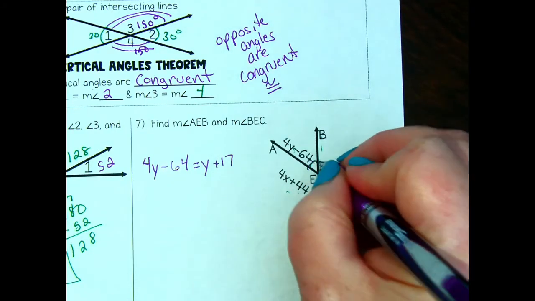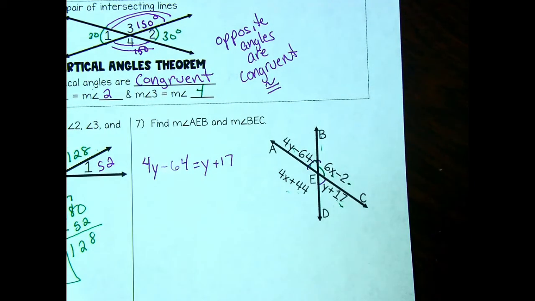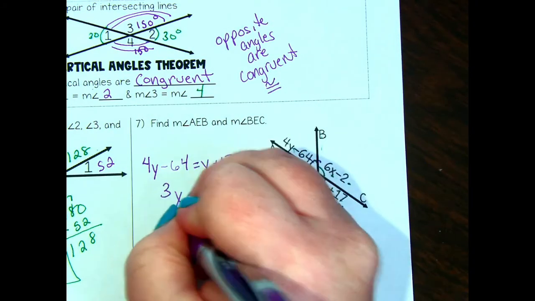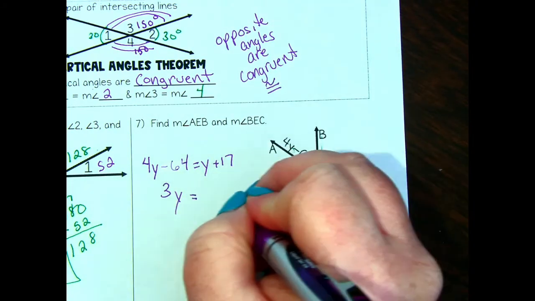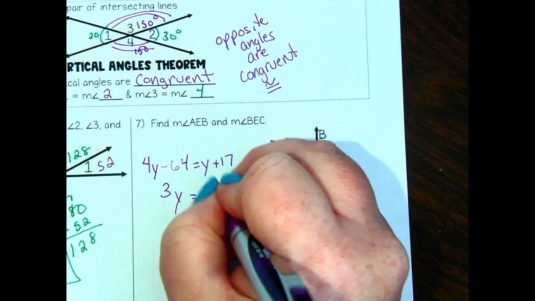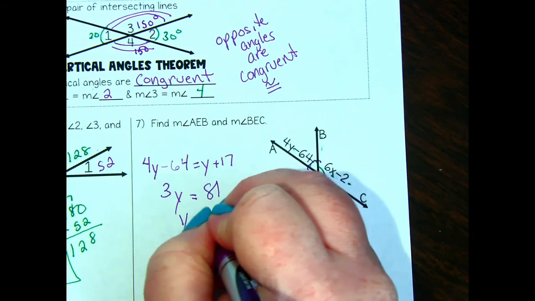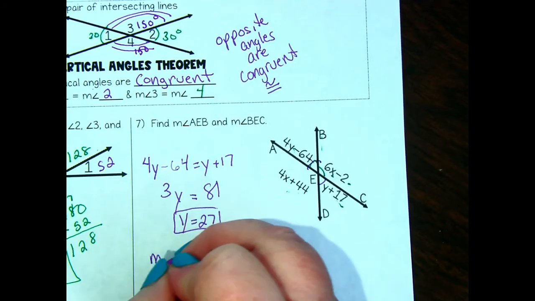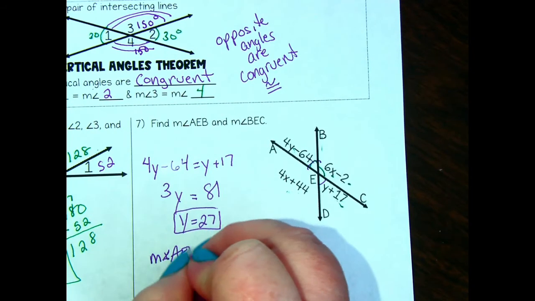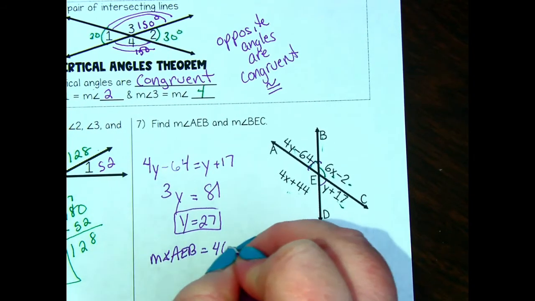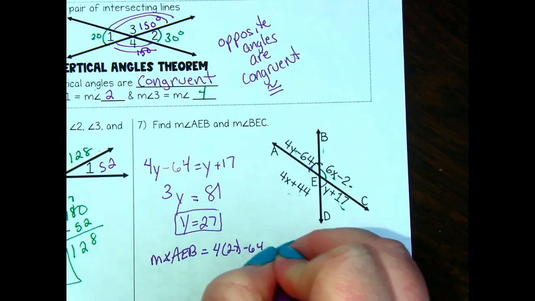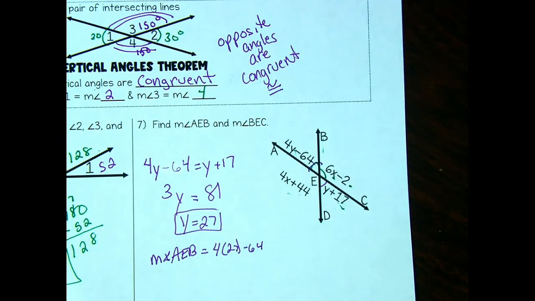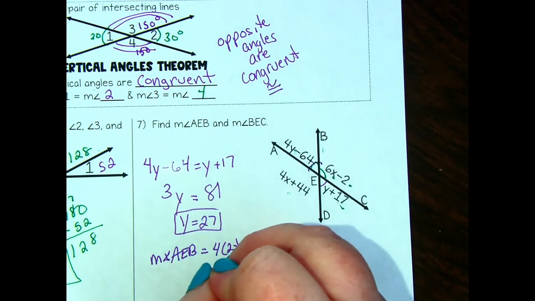They are vertical and they are opposite each other. So 3y is going to equal 81, and y therefore is equal to 27, which means that the measure of angle AEB is going to be 4 times 27 minus 64, which gives us 44 degrees.